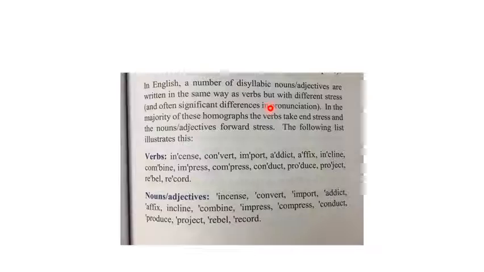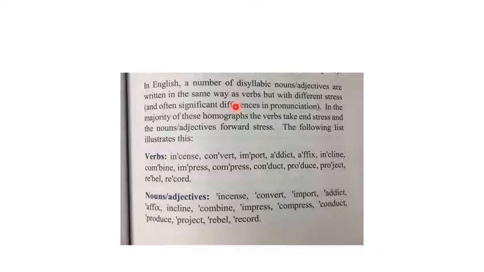They are written in the same way, we write them with the same spelling and the same letters, but with different stress. The stress is what tells me whether this word is a noun or a verb, and often there are significant differences in pronunciation. This stress makes a big difference in the pronunciation.